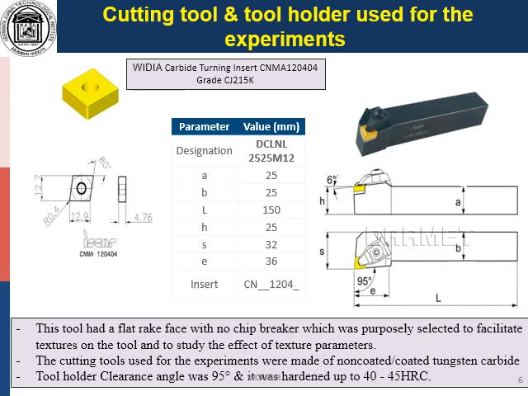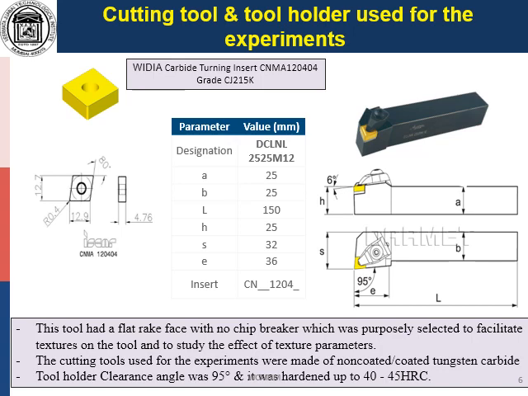In this slide, I have shown the equipment used for experimenting. We used a cutting tool made up of non-coated and coated tungsten carbide. The manufacturer is Ideal and the model is carbide turning insert CNMA 120404 grade CJ215K and THA.